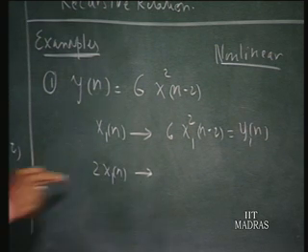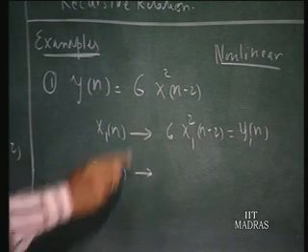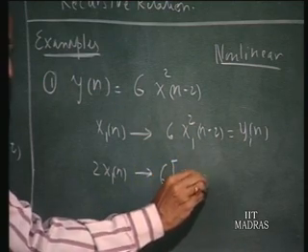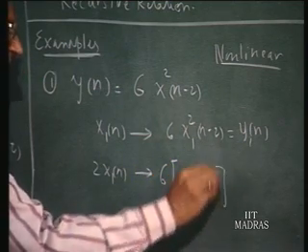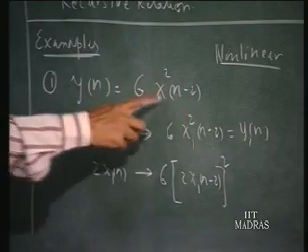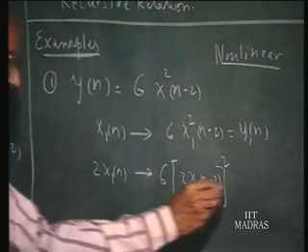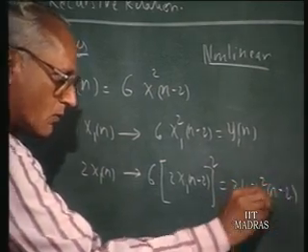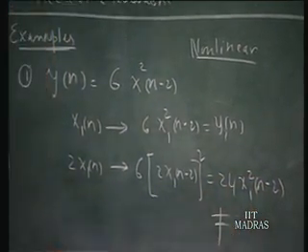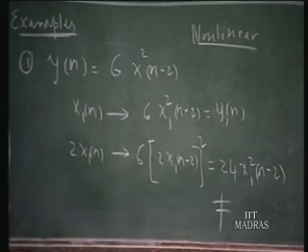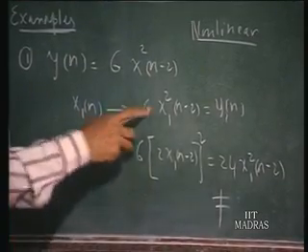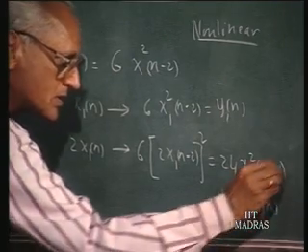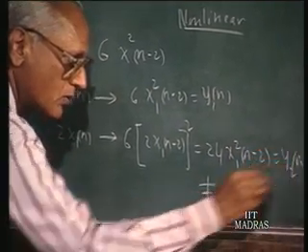But what you get here, since the input is 2x1[n], the output will be 6 times (2x1[n minus 2]) whole squared. So this becomes 24 x1 squared [n minus 2], which is not equal to what we expect, because the input is doubled, we expect the output also to be doubled. This is 4 times actually, it is not 2 times. This is y2 of n, which is not equal to 2 times y1 of n.